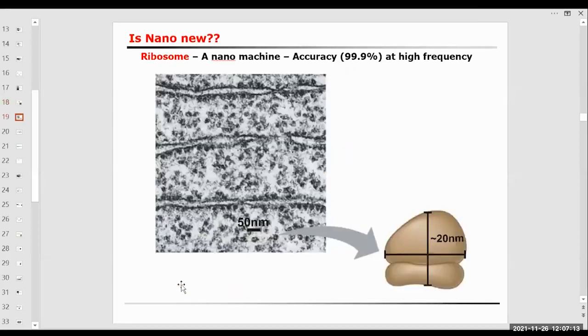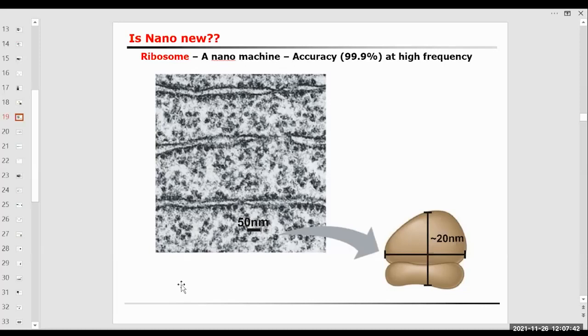A similar example you can cite is the ribosome. It's a nano machine. Without ribosome, the continuation of human life is not possible, because ribosome is a machine that makes proteins, and nobody tells the ribosome inside our body what protein should be made and how to make it, but it knows what protein is needed for the body and what amino acids it has to collect, and it does so with a very high accuracy of 99.9%.